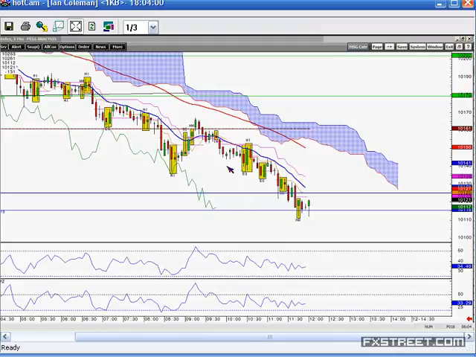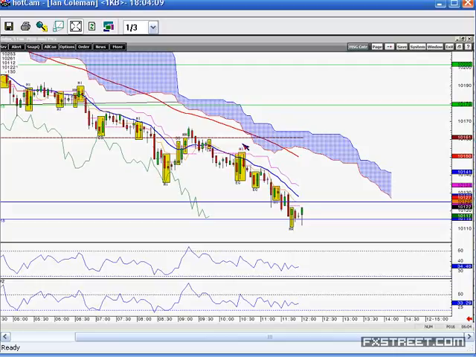The other thing that we have on here is these lines going across. This is market profile. I won't go too much into market profile, but basically market profile shows you where the point of control is from the day's trade action. It shows you whether or not the market has moved away from the point of control, and it also shows you the value area. Now, the value area is basically where 70% of price action has occurred that day.